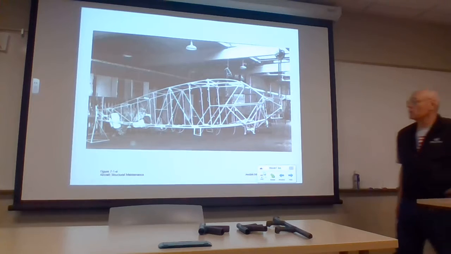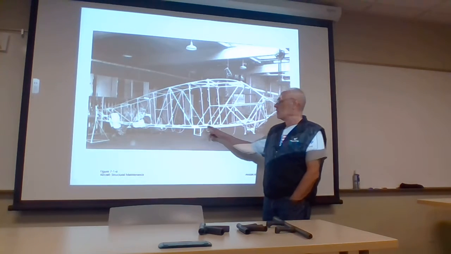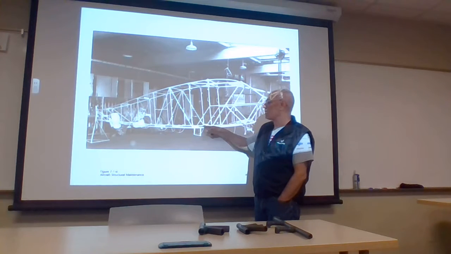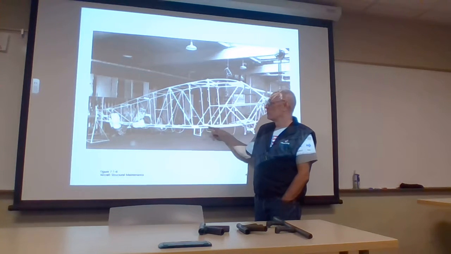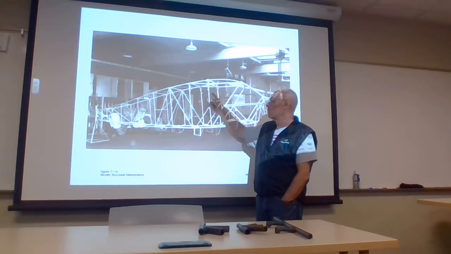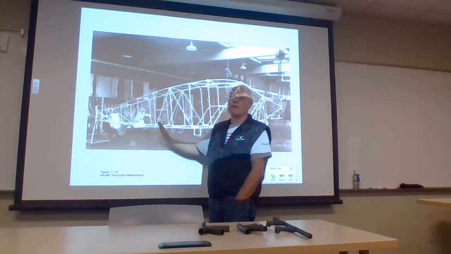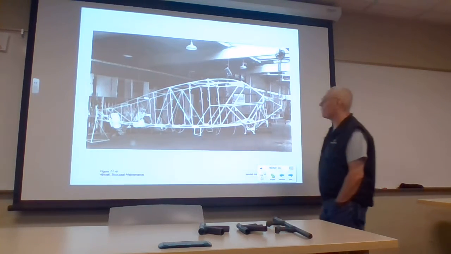If you can look at this one, I can identify the majority of this aircraft structure as being a Pratt truss because I can see the box-like structure of the tubing. There are some vertical elements that are in it, or I should say diagonals, but again, you can see the individual stations have been partitioned by those pieces of tubing to kind of make it look like a Pratt truss.